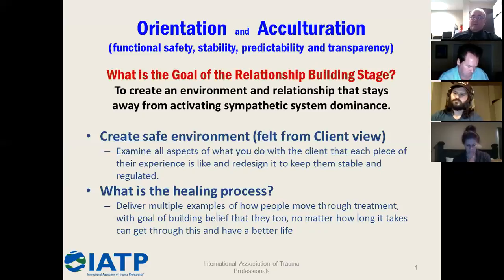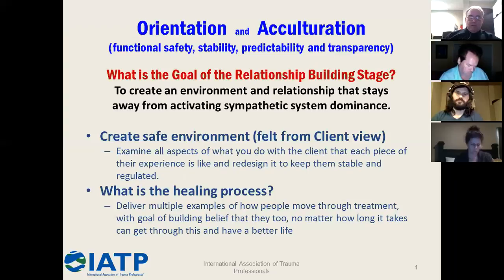If it does, we want to repackage what we do in a little different way. So we're going to start with the first piece, which is creating a safe environment. And that requires us to examine all aspects of what we do with the client, piece by piece, and reflect back: is this going to keep them out of that sympathetic dominant state? If it's not, we want to redesign it a little differently.